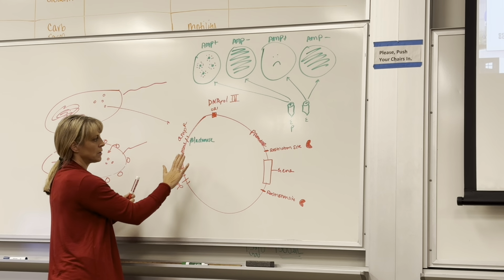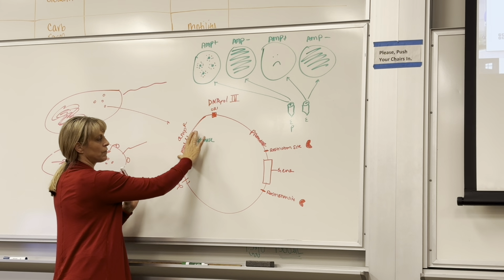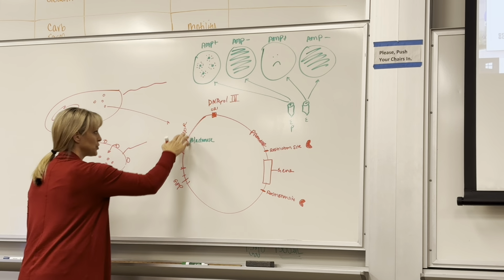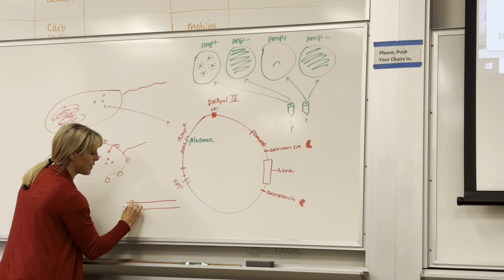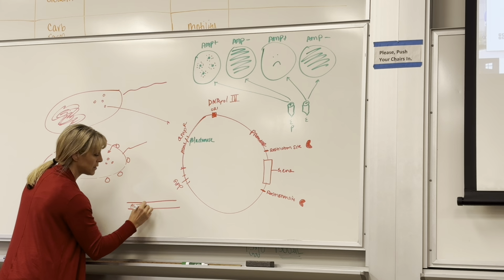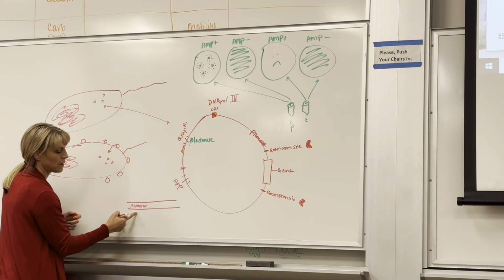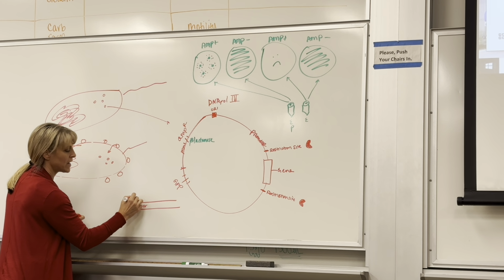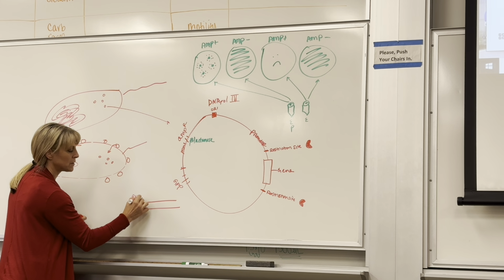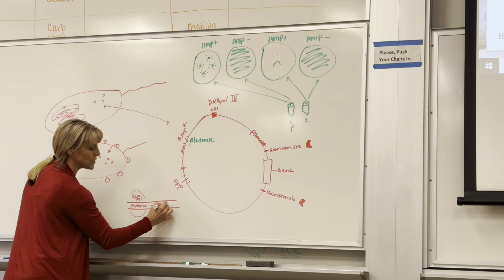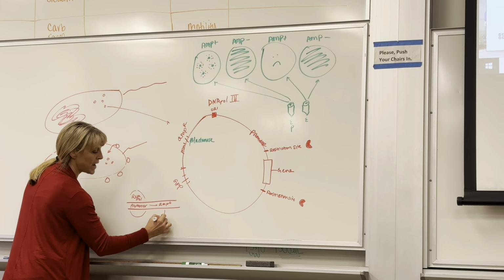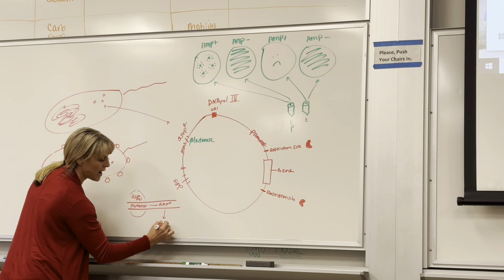So let's look at this, for example. If we just took this piece, we have a promoter. What binds to the promoter? The RNA polymerase will bind to the promoter and read the ampicillin resistant gene and make beta lactamase.